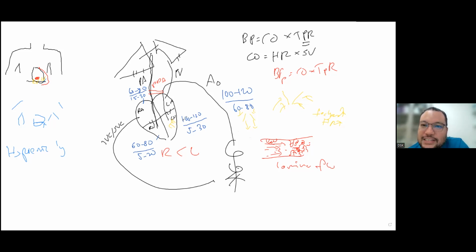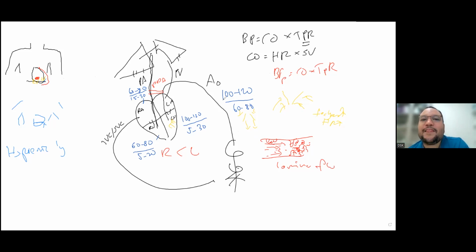It will increase stroke volume and increase cardiac output. How to increase cardiac output? Increase heart rate and increase stroke volume. Increase heart rate, you get tachycardia, tachypnea. Increase stroke volume, you have left ventricular hypertrophy. With left ventricular hypertrophy, when you do an X-ray, you will see increased cardiothoracic ratio, cardiomegaly.